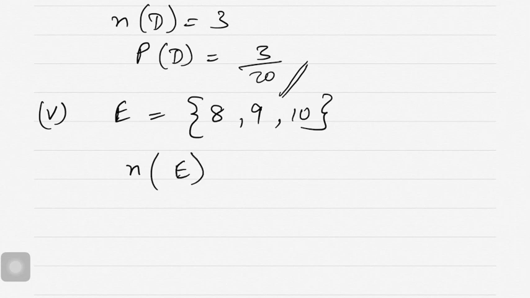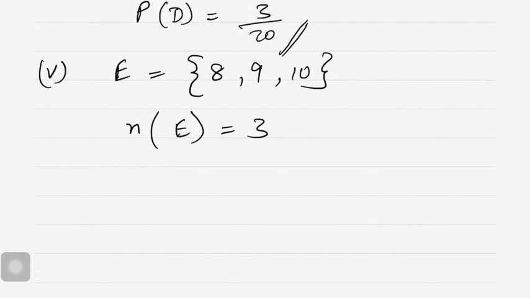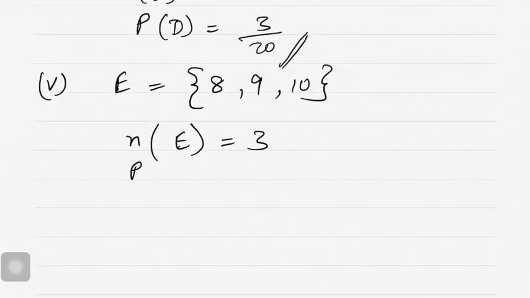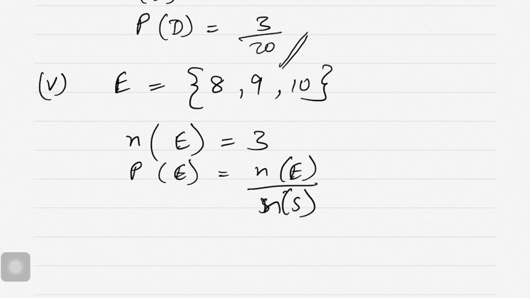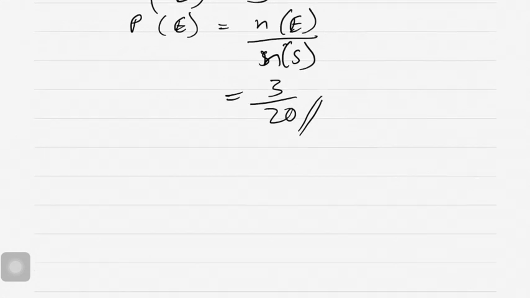You will not include 7 and 11. Okay. So N of E would be 3. So P of E is N of E upon N of S, which is 3 by 20.